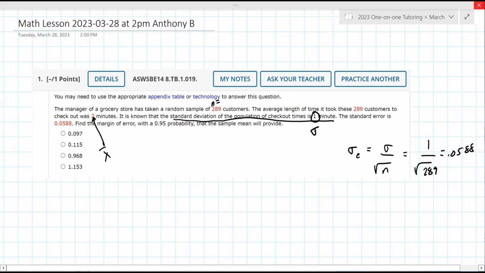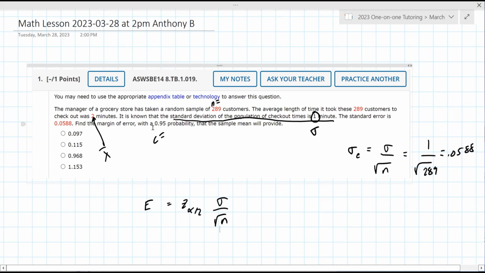Find the margin of error with a 0.95 probability. So your margin of error is z alpha divided by 2 times sigma divided by the square root of n. You actually have the sigma over square root of n, that is the 0.0588. You need the alpha level to do this, so that comes from C. C is 0.95.